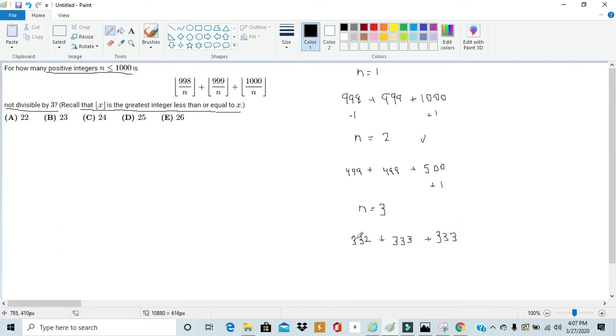In this set of numbers, we have 332 three times, with each of these being 1 more than that. So the sum of this is going to be 2 mod 3, because it's going to go into 3 perfectly, but with these 2 extra ones left over. So we see that this case doesn't work. So what have we seen so far? Actually, no, wait, this case does work. I'm being dumb. This case does work, as it's not directly a multiple of 3.